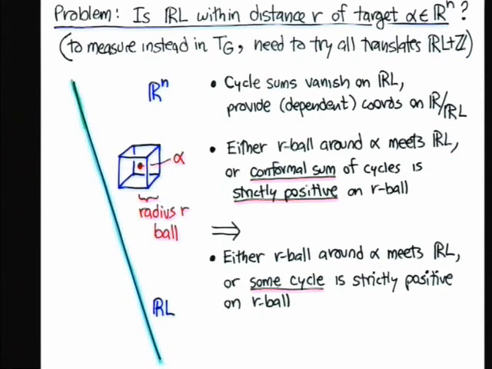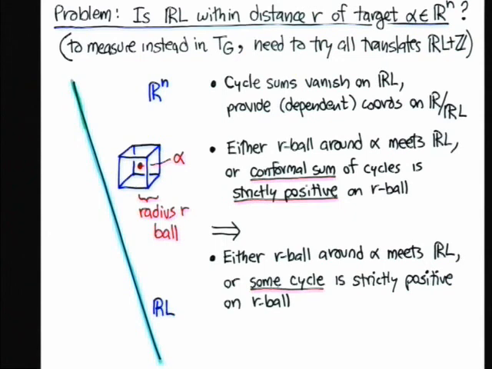So basically, a knee-jerk reaction for anyone trained in polyhedral combinatorics would be Farkas' lemma here, which is that either the box intersects RL or we can separate the box from RL using a hyperplane.